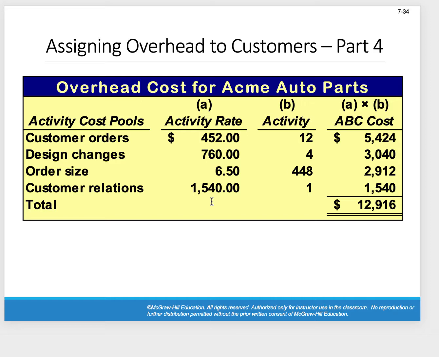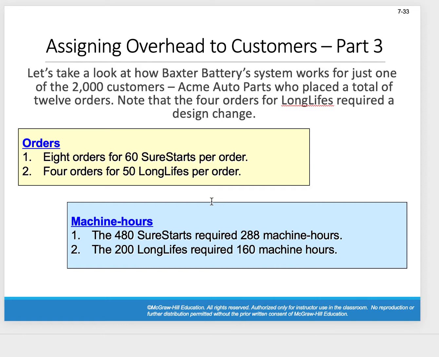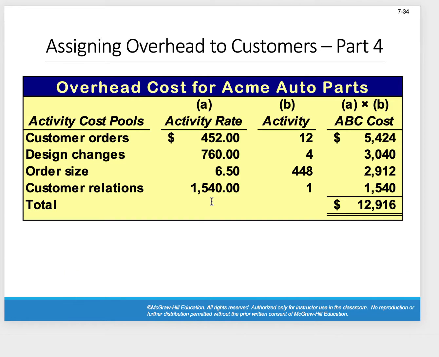Okay, let's look at design changes. Well, we already know what the activity rate is. It's $760. Remember, they told us, oh, by the way, the 4 orders of Long Life, each of those required a design change. So 760 times 4 gives us $3,040.